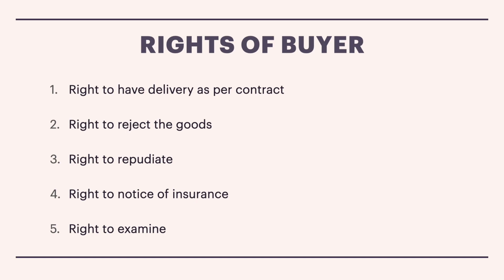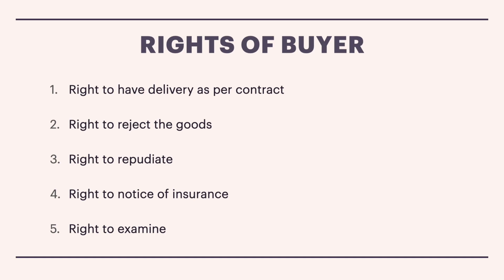Number 5, right to examine. The buyer has a right to examine the goods which he has not previously examined before he accepts them. Maybe it's a distant transaction between the buyer and the seller, and based only on samples he finalized the agreement for the sale of goods.